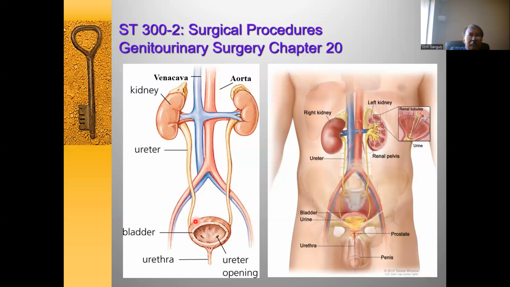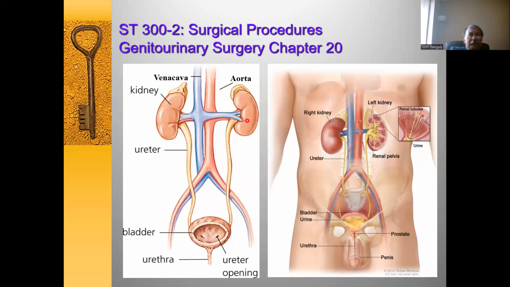Urinary bladder is a sac, kind of triangular in shape. That's why we have the edge here where there is the urethra. That's the edge of the triangle we call trigone. And we have these holes through which the ureter opens up into the urinary bladder, bringing in urine.